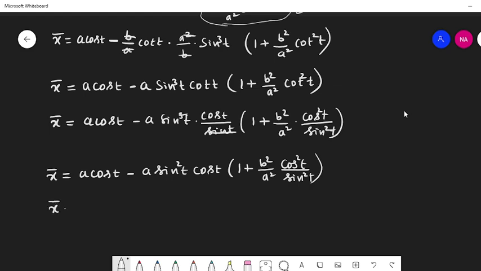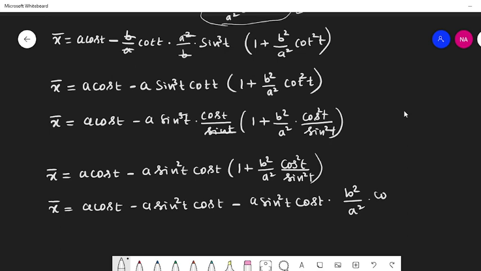So x bar equal to a cos t minus, multiplying this term inside, minus a sin square t cos t minus a sin square t cos t into b square by a square cos square t by sin square t.